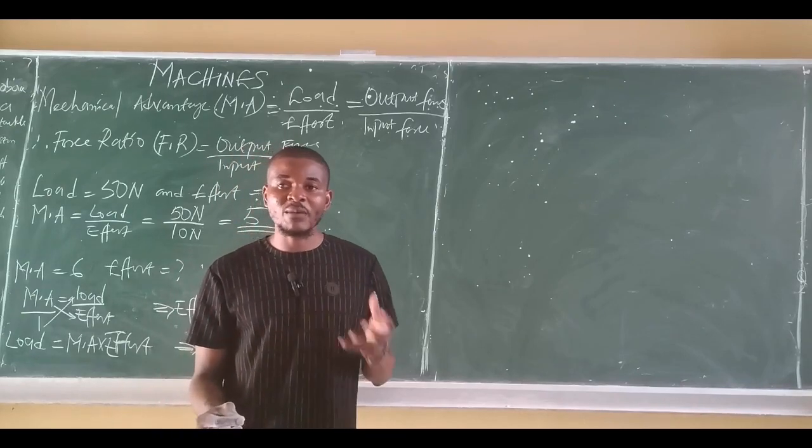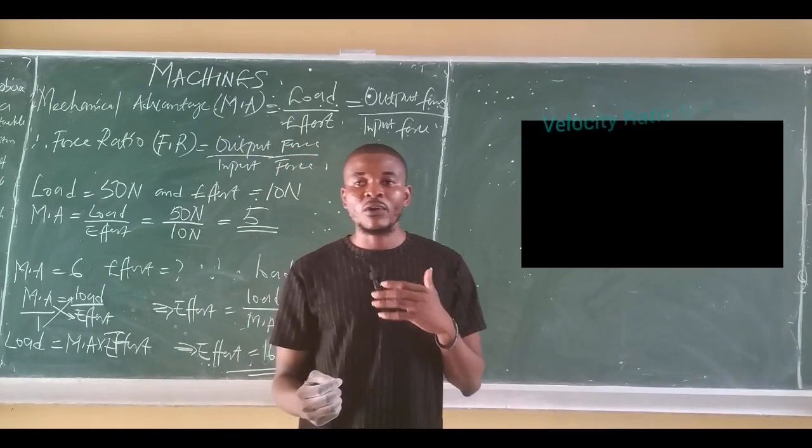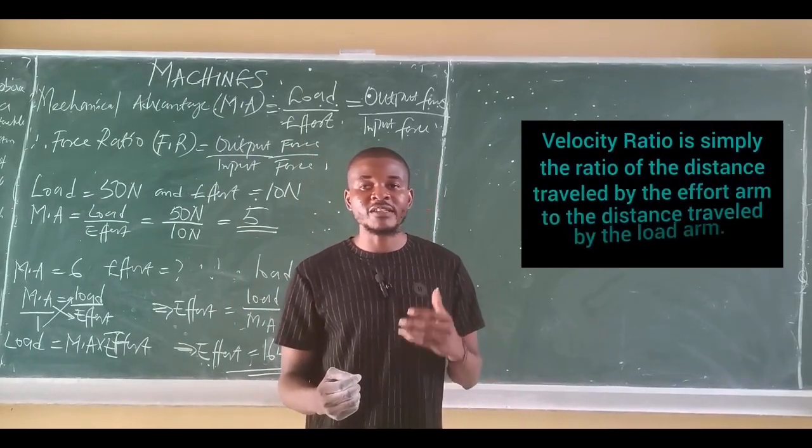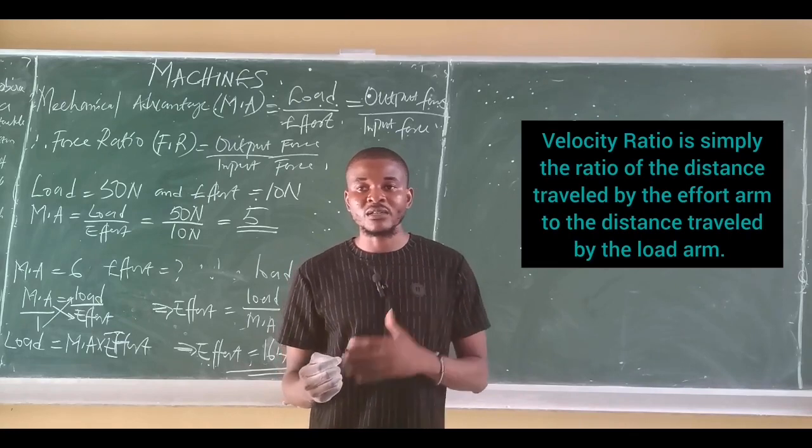Now let's talk about the next concept, which is velocity ratio. Now, the velocity ratio is simply the ratio of the distance traveled by the effort arm to the distance traveled by the load arm.